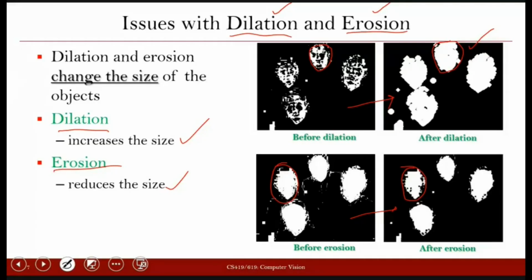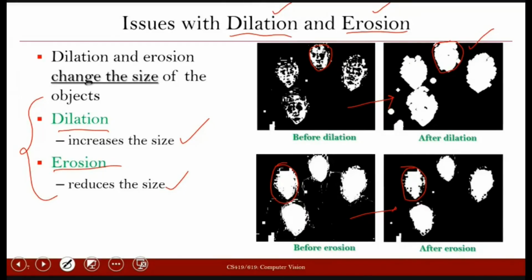In summary, when we perform these operations, we are not able to maintain the original size of the objects. That is a problem, because after removing the noisy pixels we want our original object. We don't want our objects to shrink, and we don't want them to increase in size.